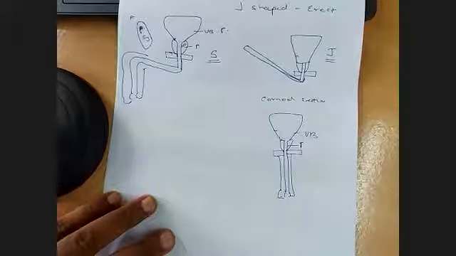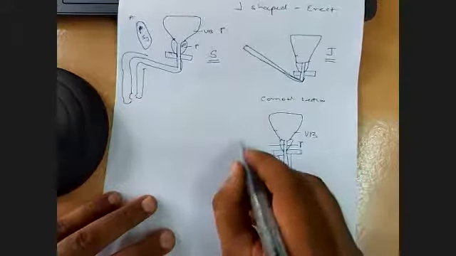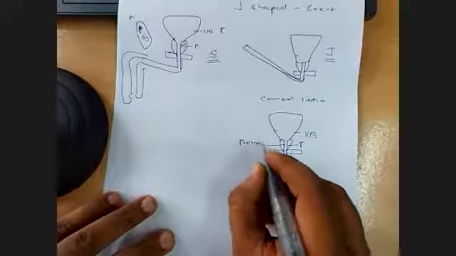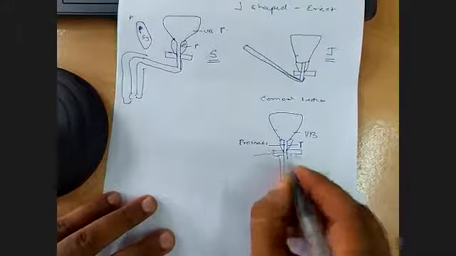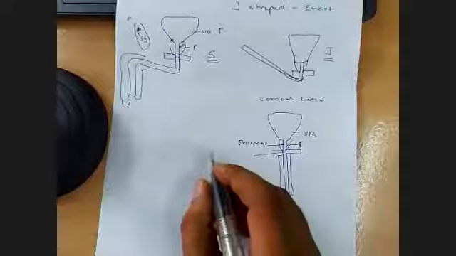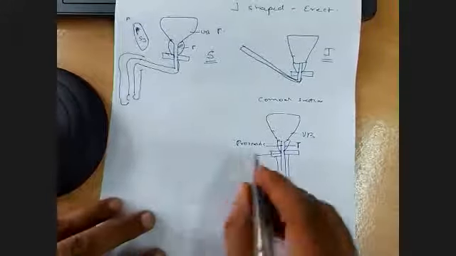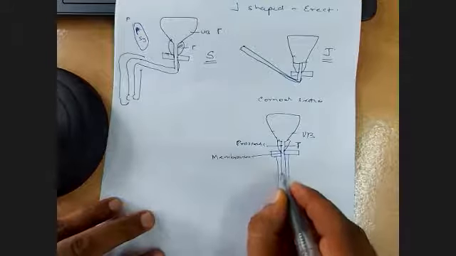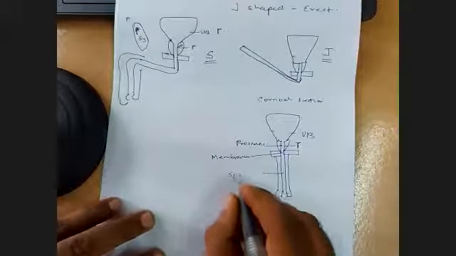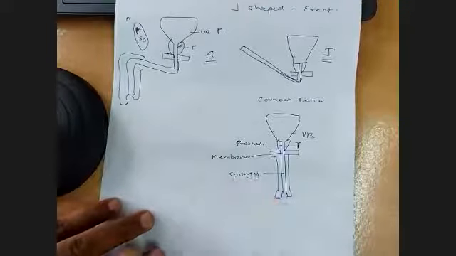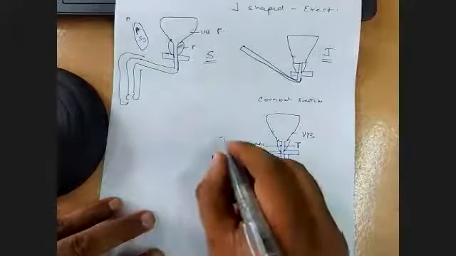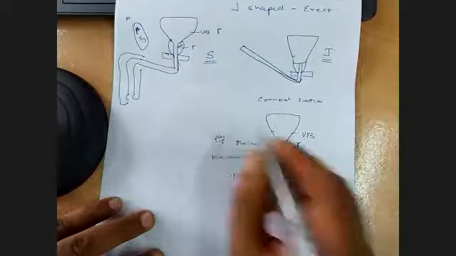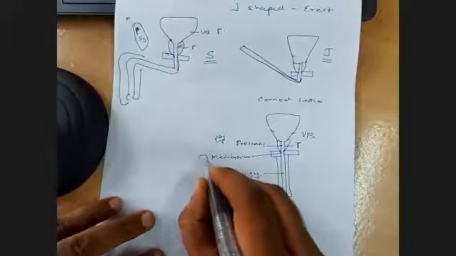So the urethra has three parts. This part is called the prostatic urethra. This part, which is surrounded by sphincter urethrae, is called the membranous urethra. And this part of the urethra is called the spongy urethra. Prostatic urethra is star shaped.